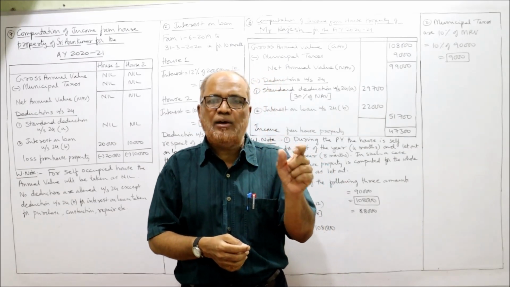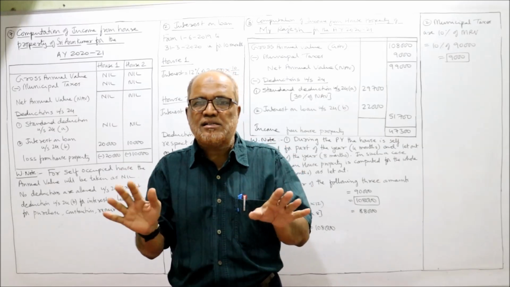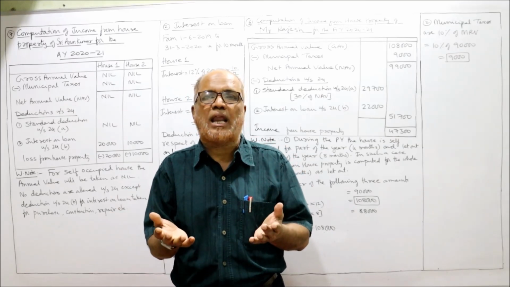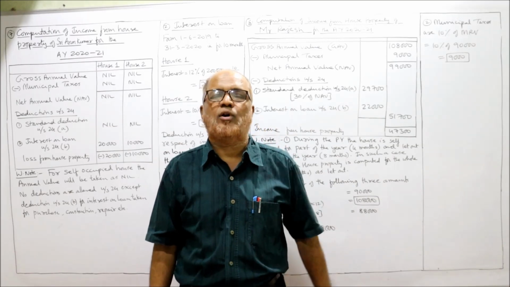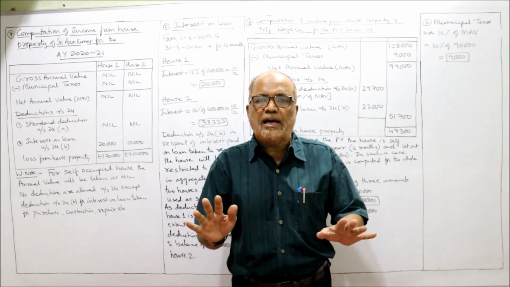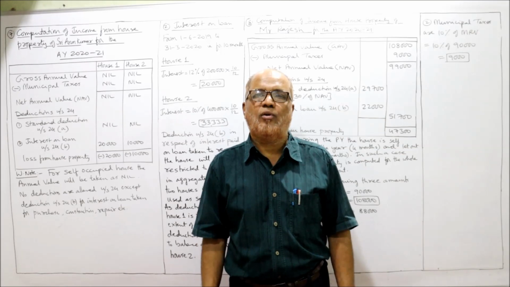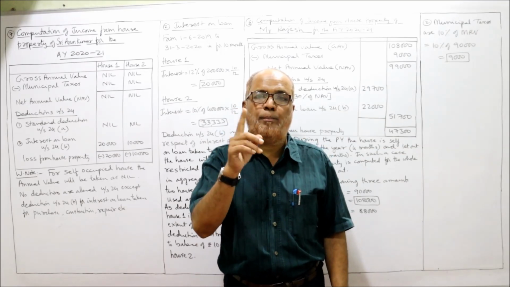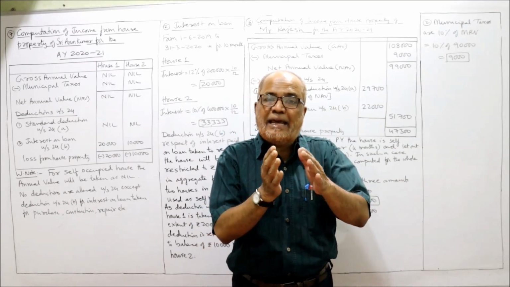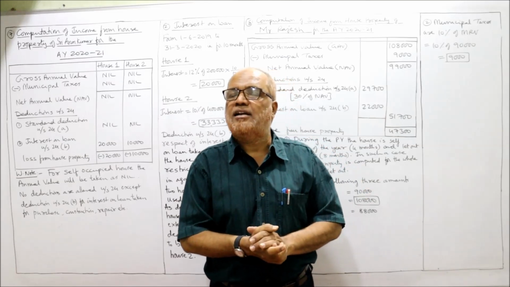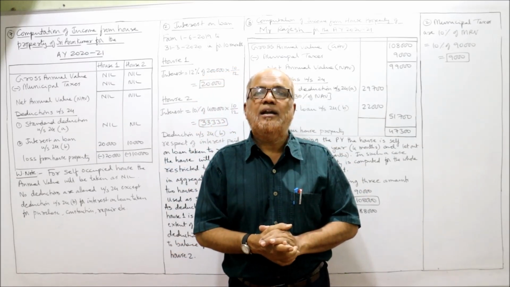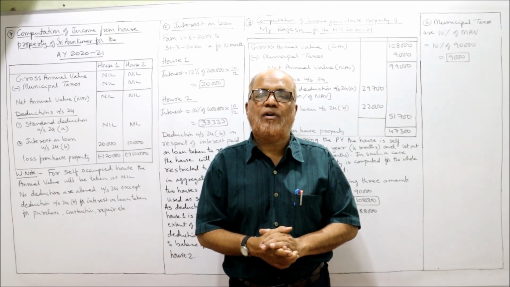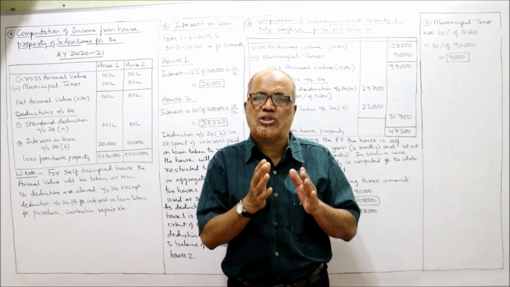Municipal taxes are not allowed because we don't require them. No deductions are allowed under section 24 except 24B. The 24A deduction will not be allowed. Standard deduction is not allowed. Only 24B, interest on loan taken for purchase, construction or repair.